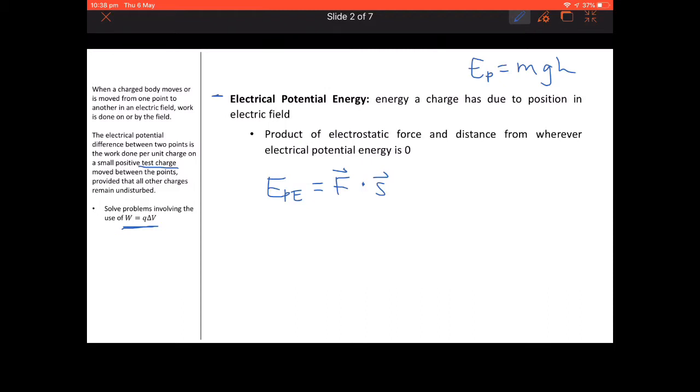The electrostatic force from our previous videos we know is equal to EQ, so the electric field strength multiplied by charge, or whatever the charge is, and displacement is displacement, so the distance.